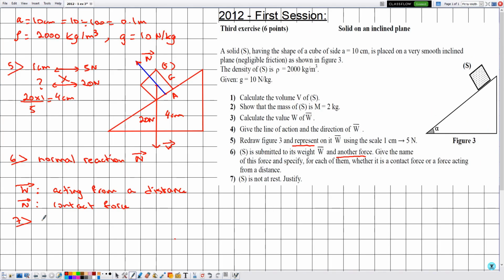Then let's say since W and N don't have the same line of action, then S is not at equilibrium.